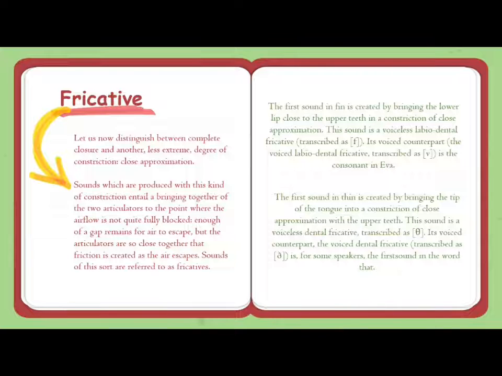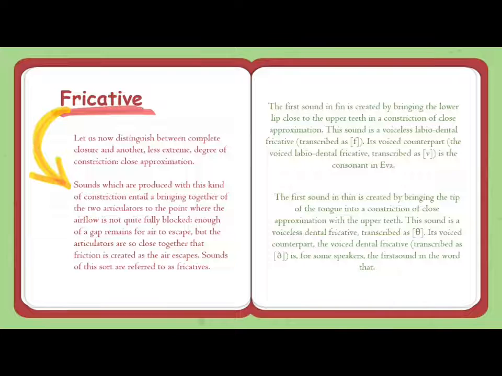Its voiced counterpart, the voiced labiodental fricative, described as v, is a consonant in eva.